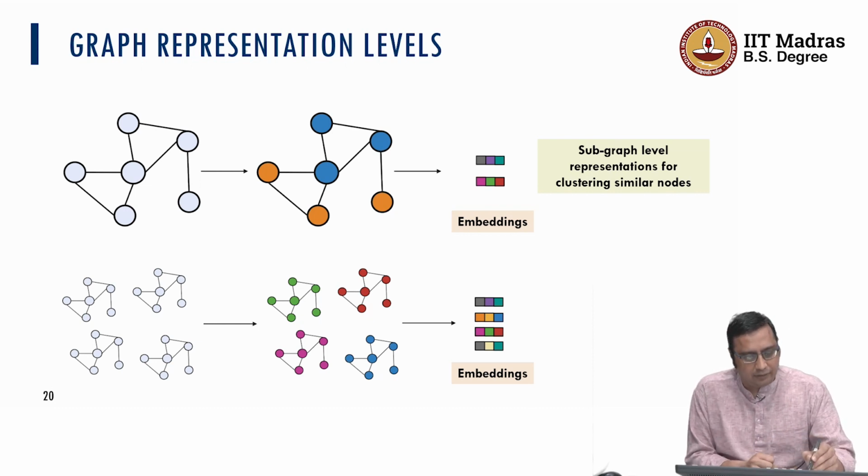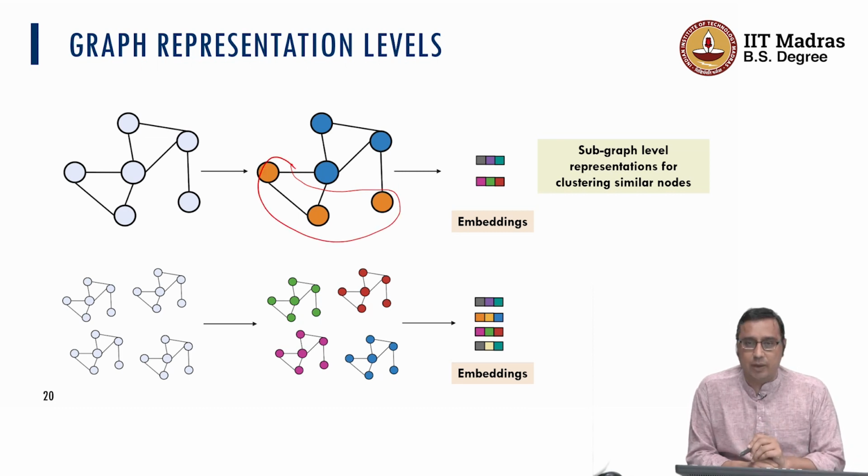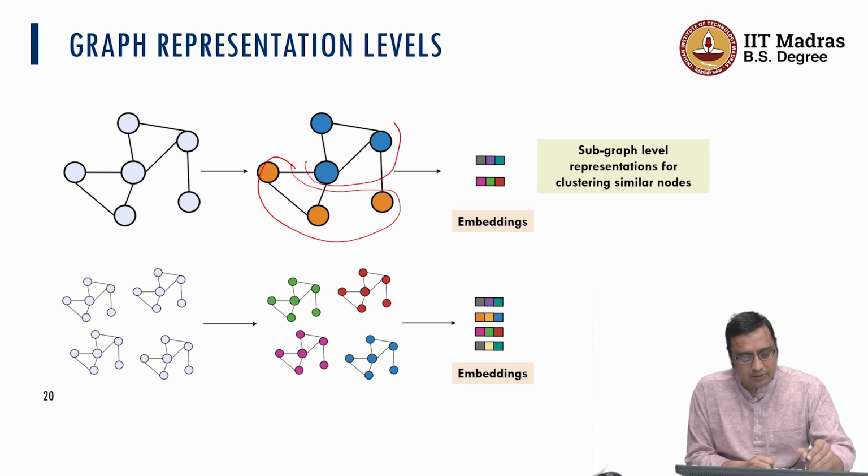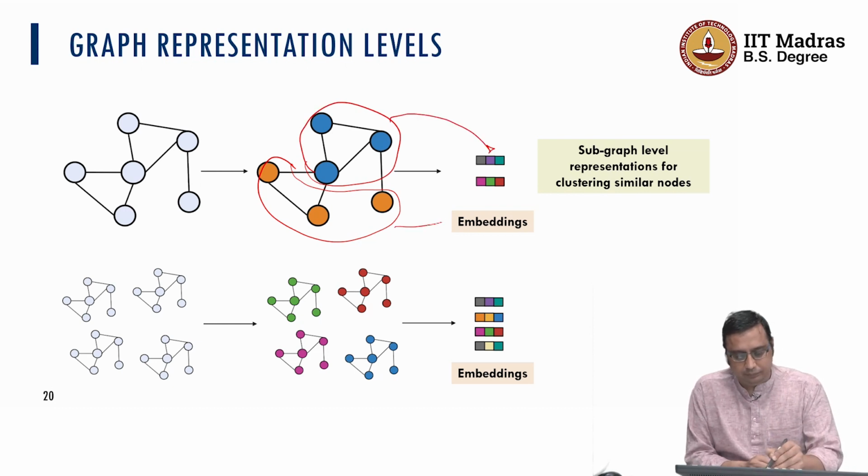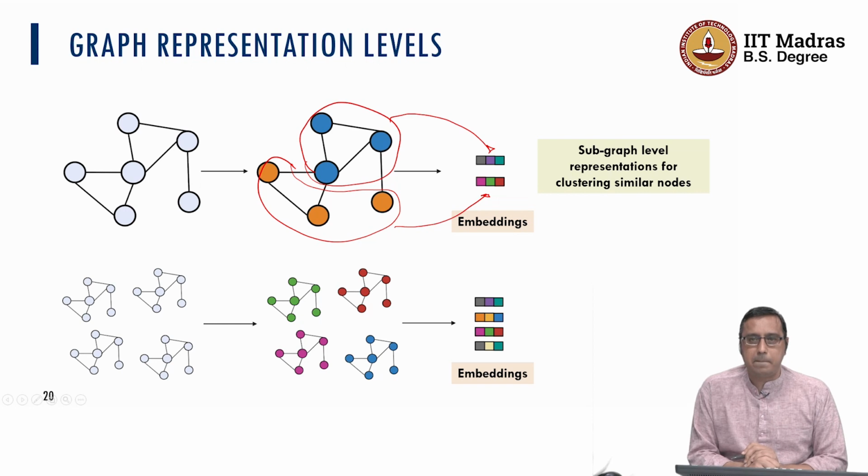Here I have taken this set of nodes as a subgraph, this as another subgraph, and for each of them I have an embedding. And then when a new node comes, we can see whether it should go to this subgraph or the other subgraph.